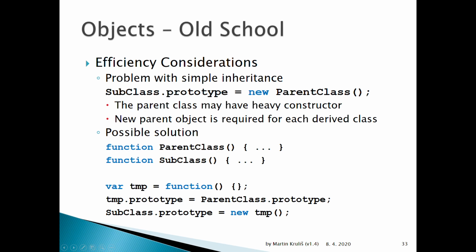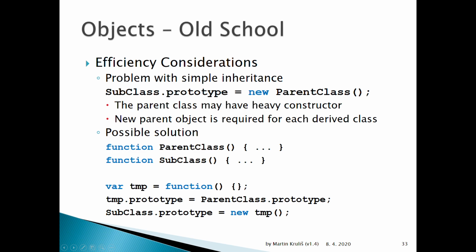However, if every method is in the prototype, then this copy of the prototype to the temporary constructor will be sufficient, and then we can use this new temporary constructor as an object creator for our new prototype of the derivative class.